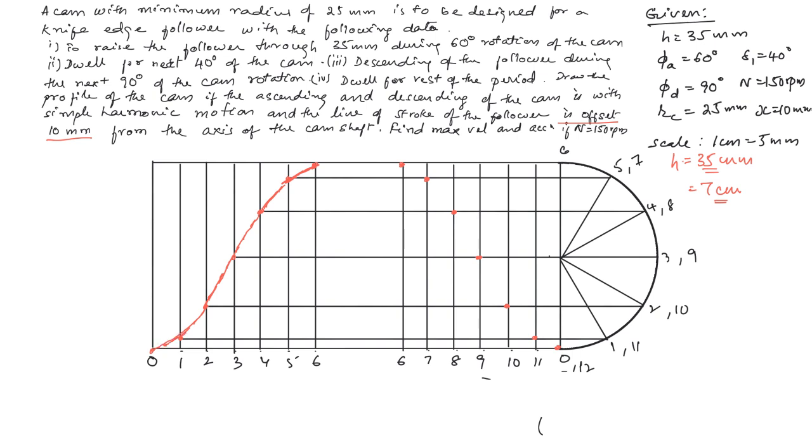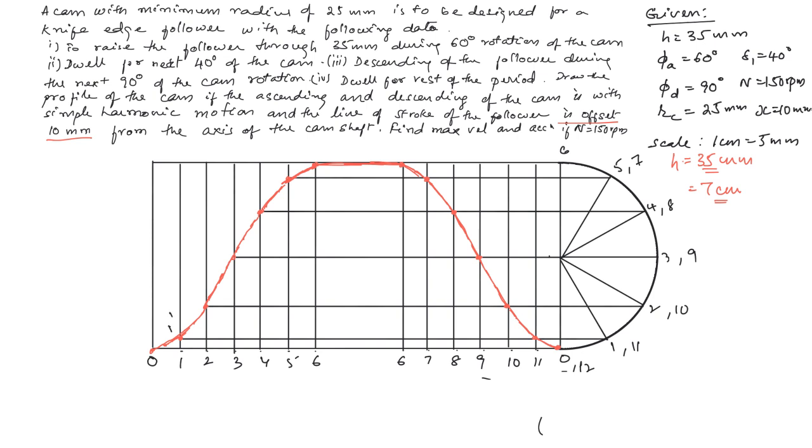And on the other side we have the descent. So both are by simple harmonic motion. So join all these points using a smooth curve. So this is our displacement diagram for the given problem. Okay, and of course we mark these points here, wherever it has got.